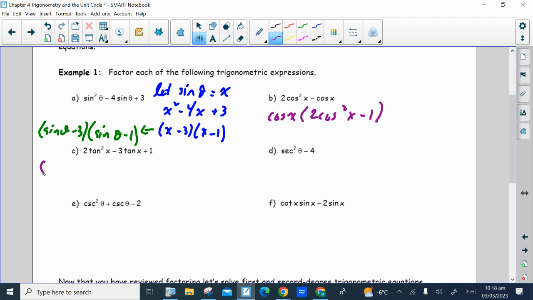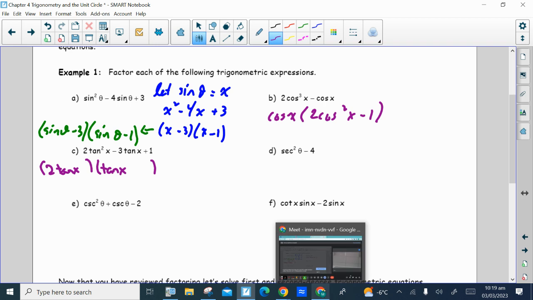Question C is an example of a trinomial, so we will factor this one by inspection. Again, you could use substitution like we did for question A, but I'm going to do it by the method of inspection. So the front terms have to multiply to get 2 tan squared x, which means you'll have to have a 2 tan x and a positive tan x.